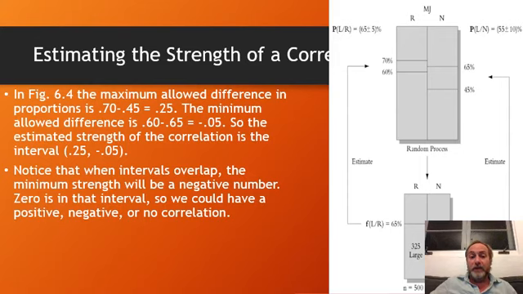So the estimated strength of the correlation here is the interval between negative 0.05 and 0.25. So this will happen when intervals overlap: the minimum strength will be a negative number. We've also got 0 in that interval. So this interval for the strength of the correlation is consistent with a positive correlation, no correlation at all, or even a negative correlation.